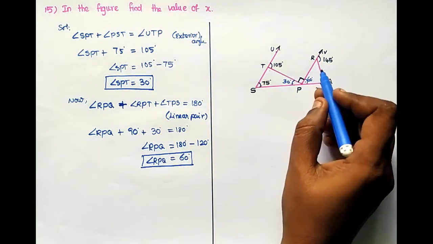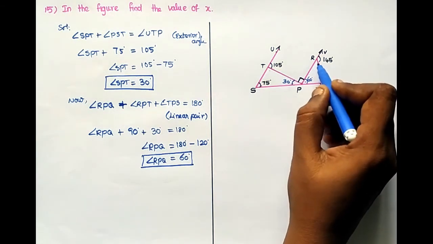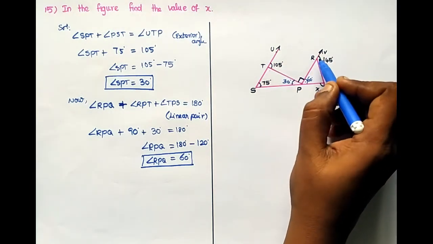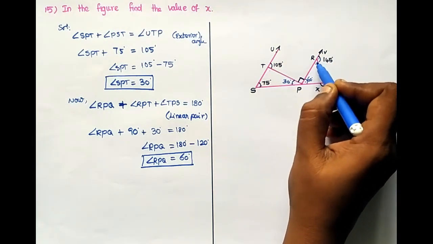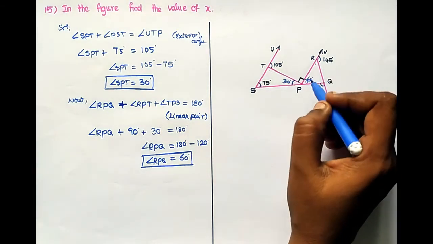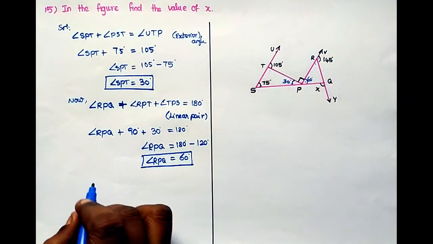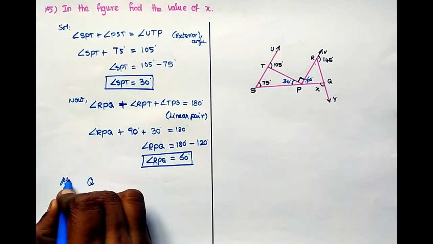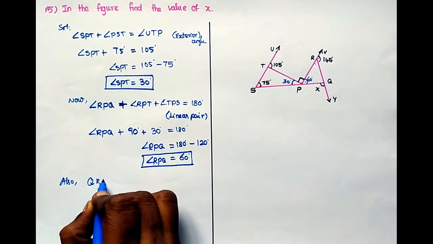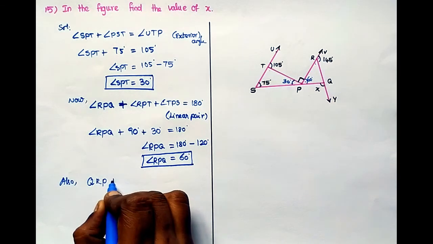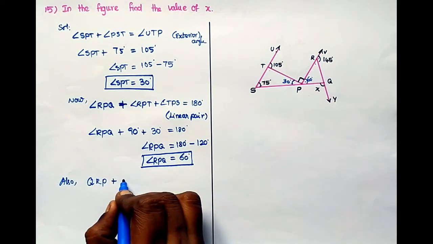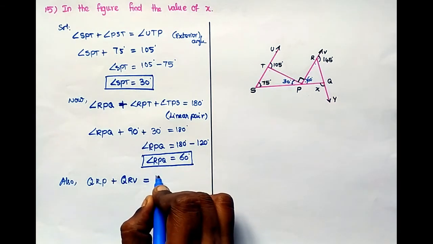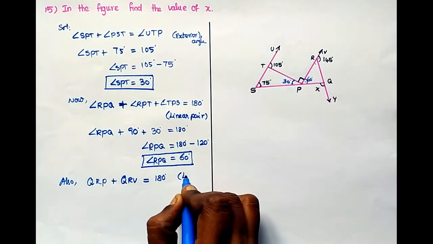Next, what's that? This value. Listen, these two angles add means 180 degrees. What is the reason? Linear pair. So QRP plus QRV equal to 180 degrees. That is linear pair.